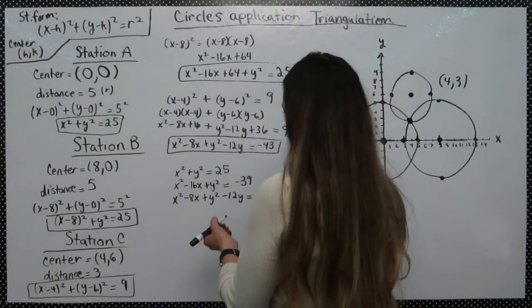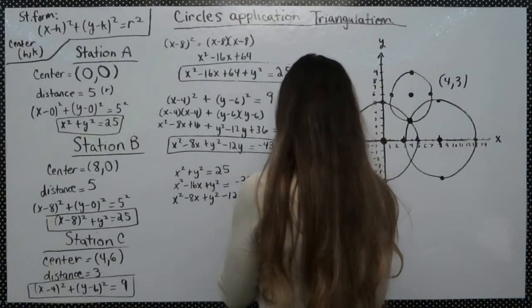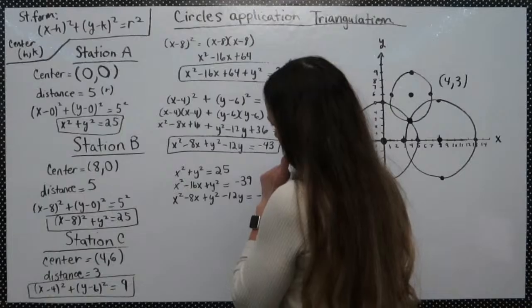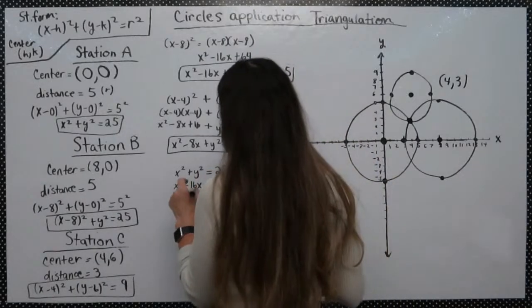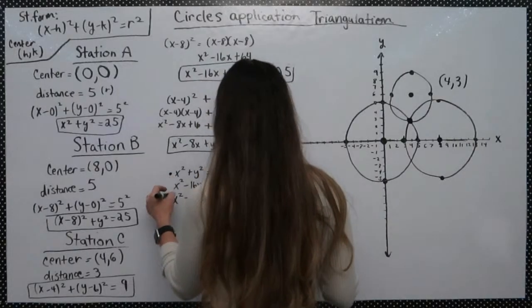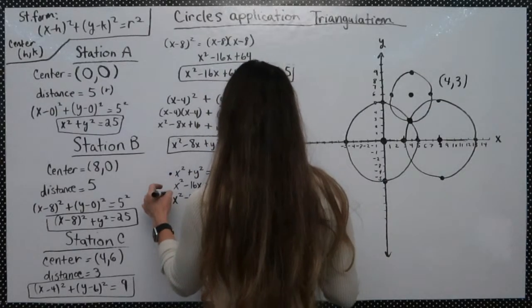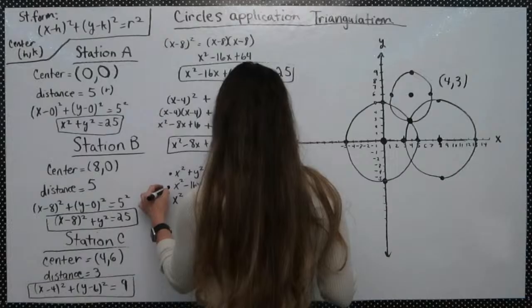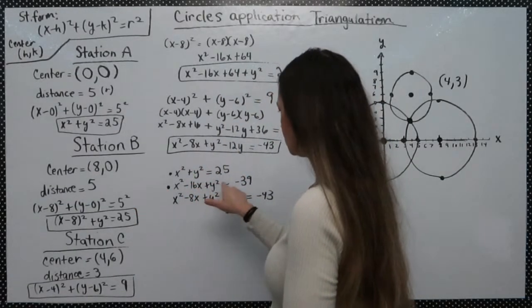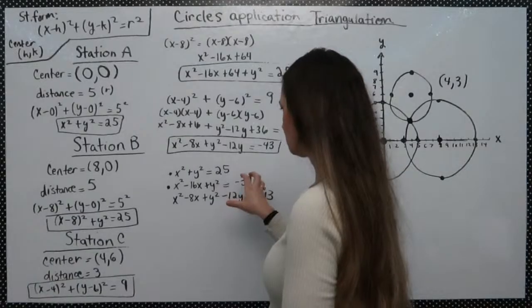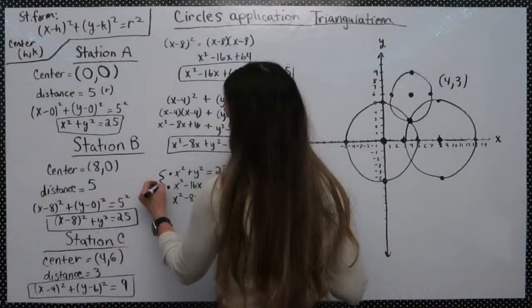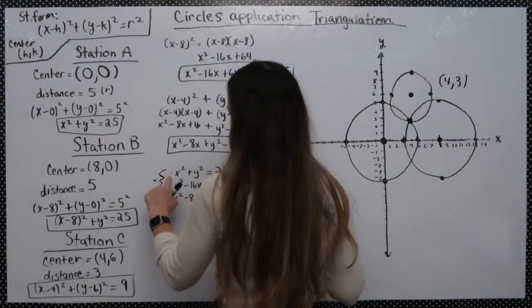So let's go ahead and add the equations together to see what happens. I'm going to start with these 2 right here. If I can eliminate x² and y², I can get 16x equals something. So I'm going to add just these 2 equations and see what happens.